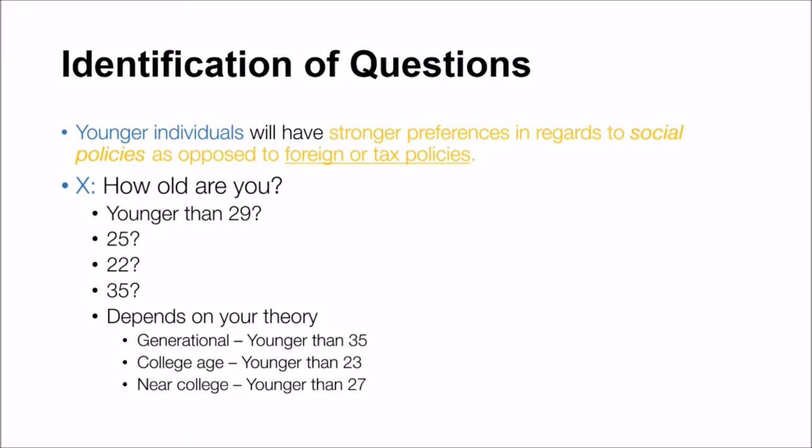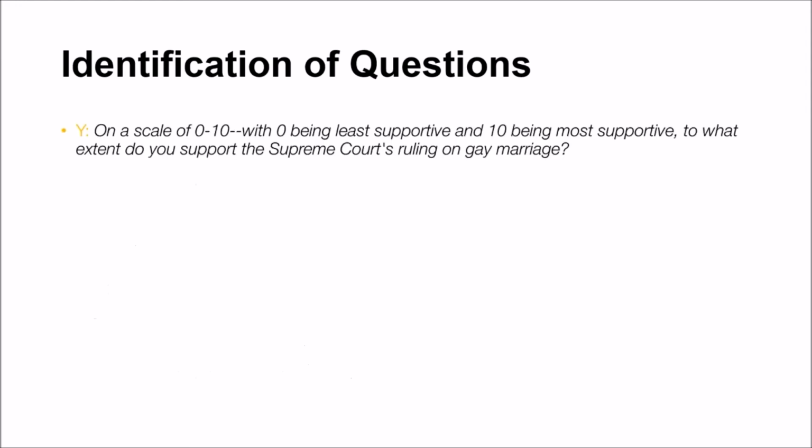So this first part talks about social policy. We can look at things that we identify as social policy questions on the survey. In this case, on a scale of 0 to 10, 0 being the least supportive, 10 being the most supportive, to what extent do you support the Supreme Court's ruling on gay marriage?